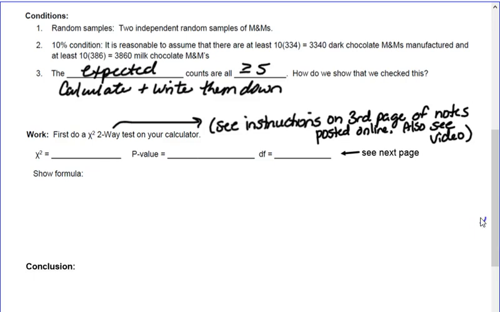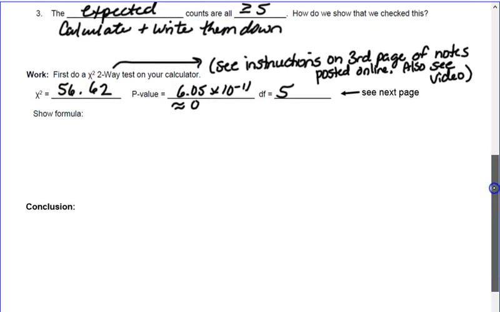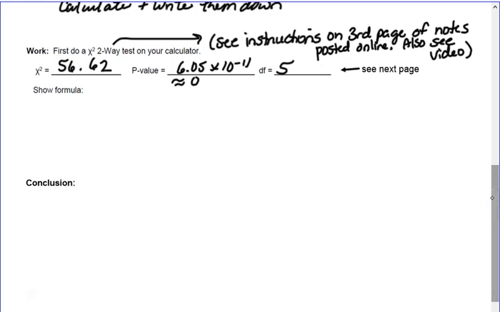Now, writing down the chi-squared value that we got from the calculator, 56.62, the p-value was 6.05 times 10 to the negative 11th, practically 0, a very small number. And the degrees of freedom is 5. In a separate video, I'll explain why the degrees of freedom is 5.